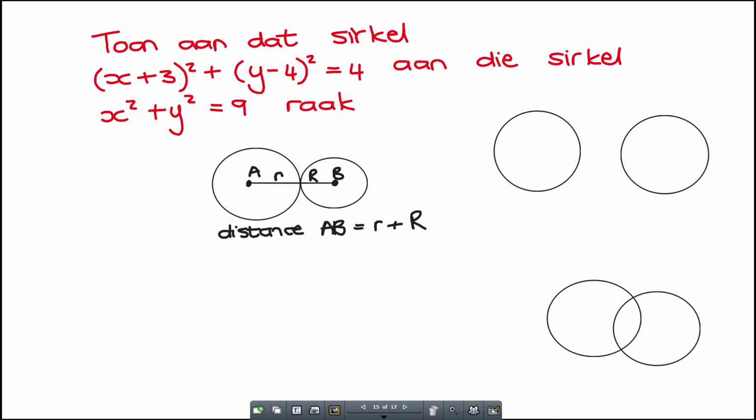Does that make sense? Okay, now, let's look at a different scenario. Let's look at these two. Wat nou? Kom ons maak hom weer AB. And we stick to that's radius and this is capital R radius.